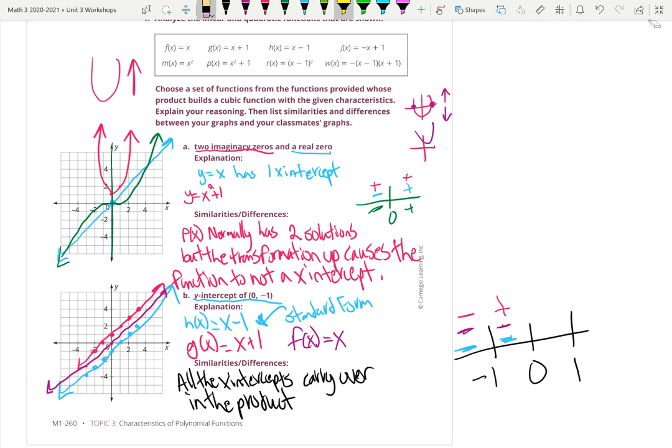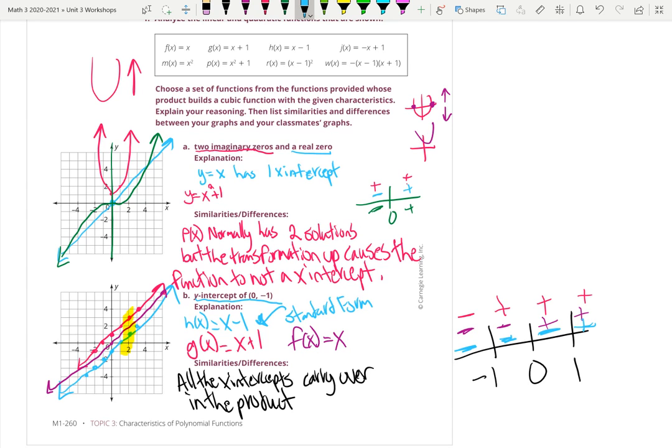Analyzing the region between 0 and 1, I see there's a slight change. The red line is positive, the purple line is positive, and the blue line is negative. Finally, looking at after 1, I can see that the red line is positive. It is above the x-axis, positive. And then this is where the blue line becomes positive.